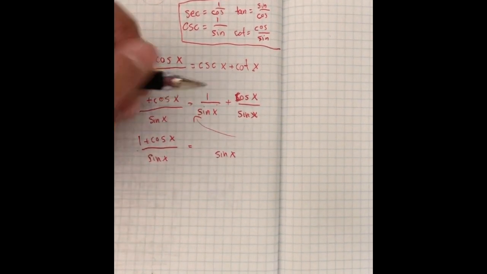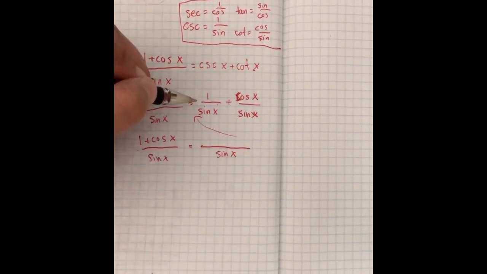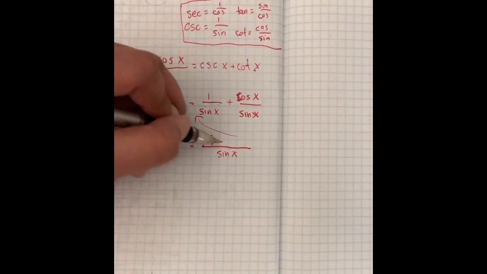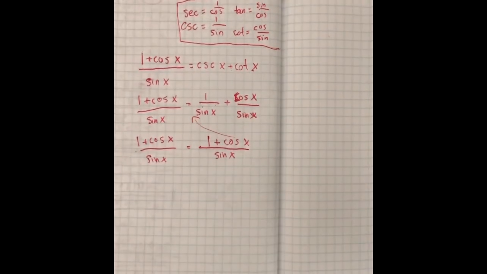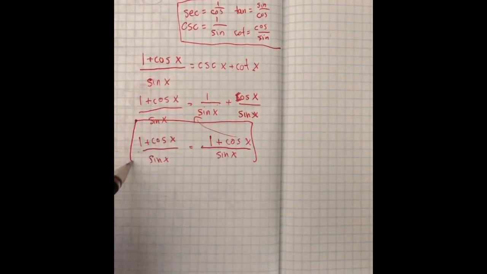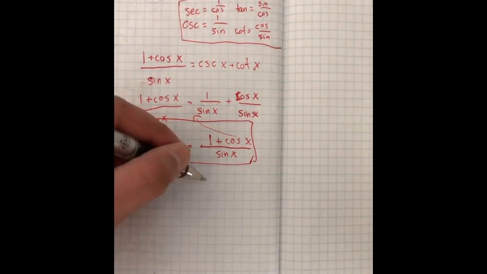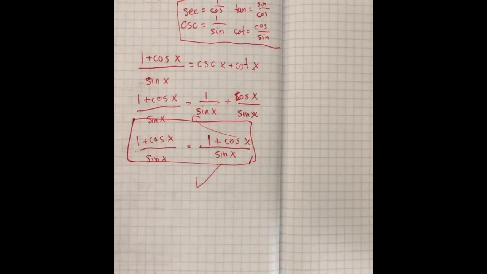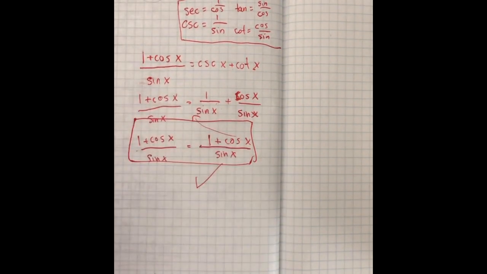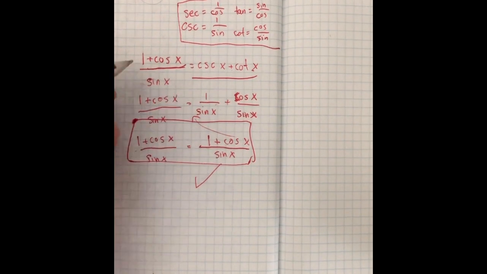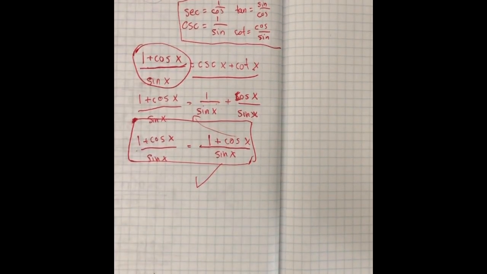So it's sine x divided by, we can rewrite the same because they're already under the same denominator, 1 plus cosine x. And then we're done because these are the same. So that's a true identity, meaning that this side of the equation is the same as this side.